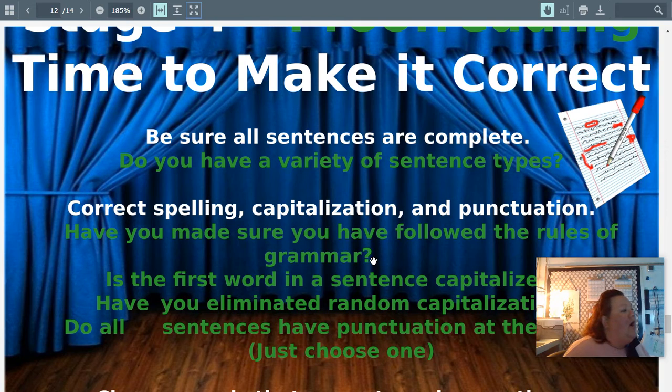This is where we are actively looking for misspelled words, punctuation errors, capitalization errors, grammatical errors, subject-verb agreement, pronoun antecedent agreement, okay? We're looking to make sure that our paper is as close to perfect as it can be, okay?